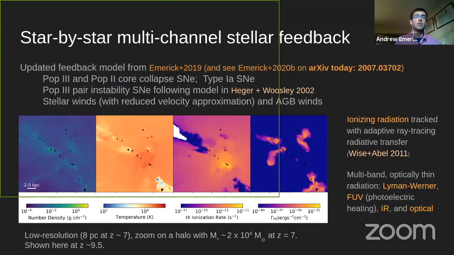And in the Pop 3 stars, we have both core collapse supernovae and pair-instability supernovae from the high-mass Pop 3 stars. For everything, we have stellar winds with a reduced velocity approximation to make the computation a bit easier, and AGB winds from low mass stars. And I think what's most exciting and relevant, again, for the area of reionization is that we're also including ionizing radiation tracked with an adaptive ray tracing radiative transfer method for both hydrogen and helium.